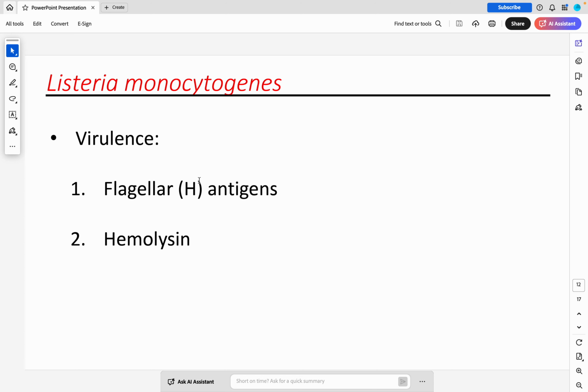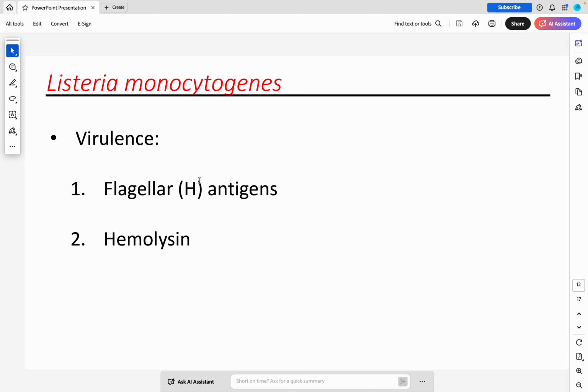Okay. There are several virulence factors associated with L. monocytogenes. There are a few that are not included here, but the ones that we have included are the flagellar antigens, since flagella allow it to be motile and to adhere more to host cells, like the enterocytes that they target, since they are primarily consumed as foodborne pathogens.